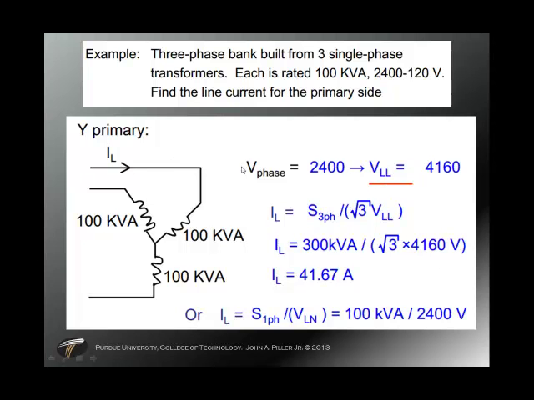Line to line is radical 3 higher than that, so there's your 4160. Each transformer is 100 kVA, so 3 of them, your S 3-phase is 300 kVA, divided by radical 3 times your 4160. That's your line to line. You end up with an I line of 41.67 amps.